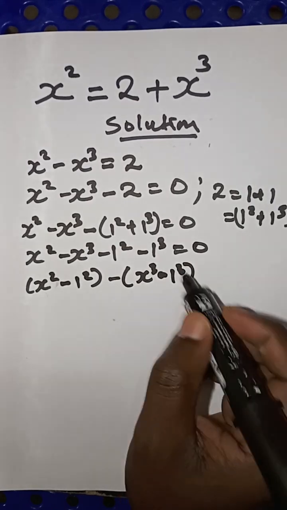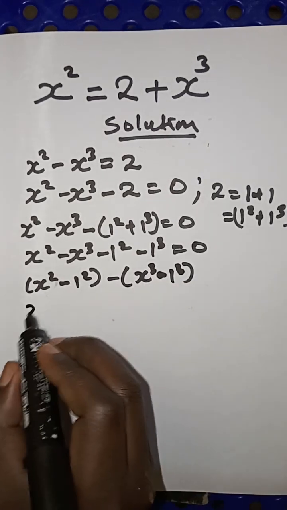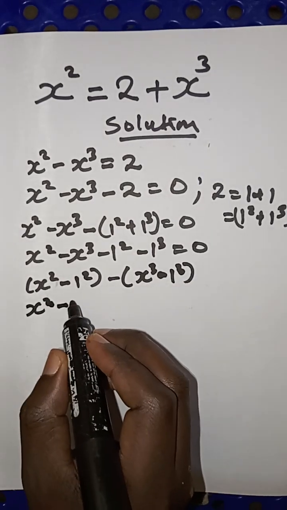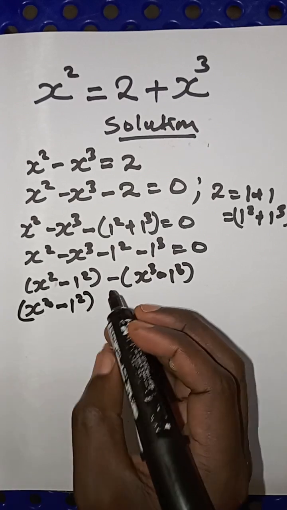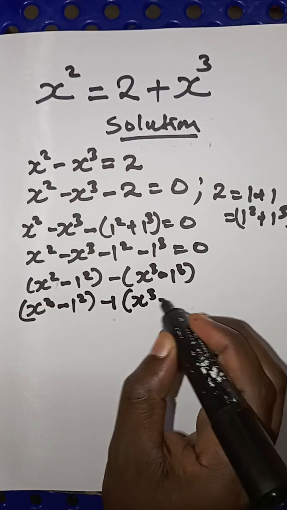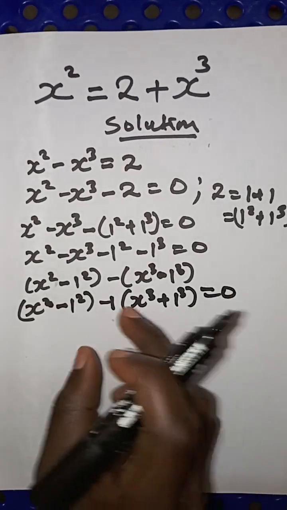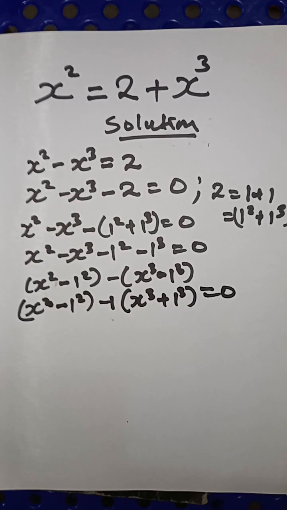And this, I can factor out negative 1, and then it changes to x squared minus 1 squared, minus 1 in bracket x cubed plus 1 cubed equals 0. I'm just writing them in terms of cubes and squares.